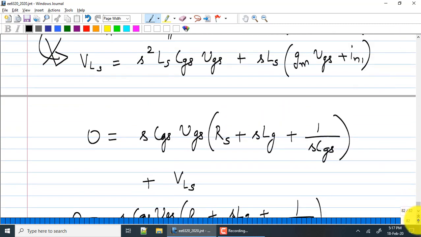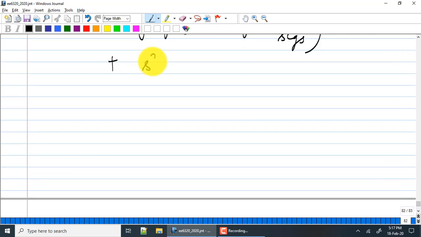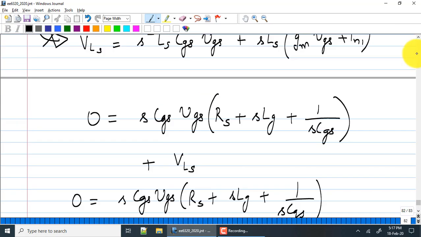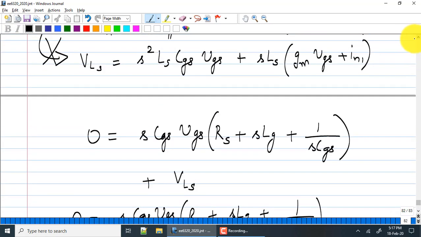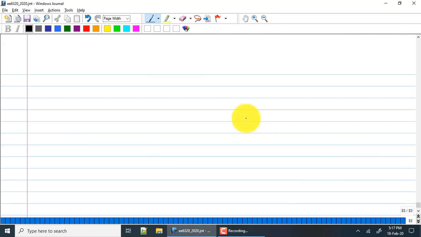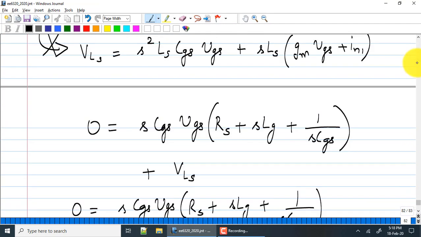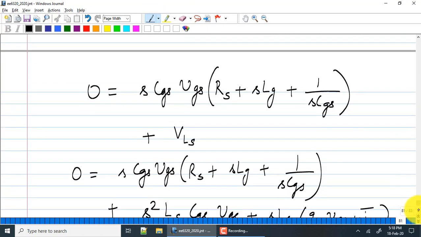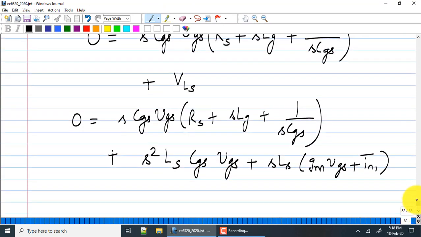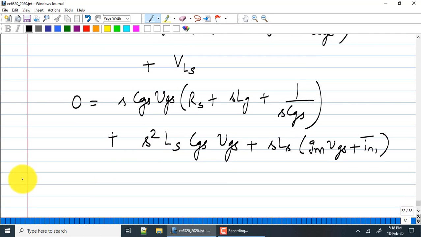S square LS CGS VGS plus SLS into GM VGS. Is this right? Okay. So let's combine the VGS terms.